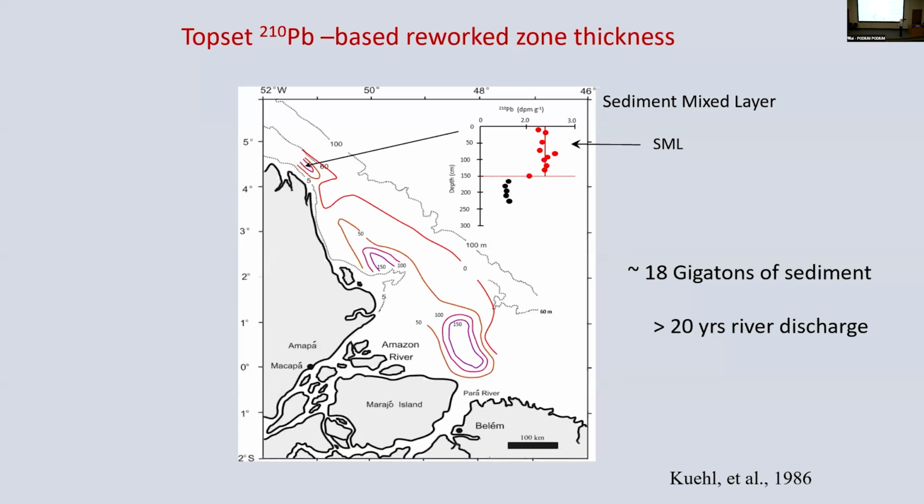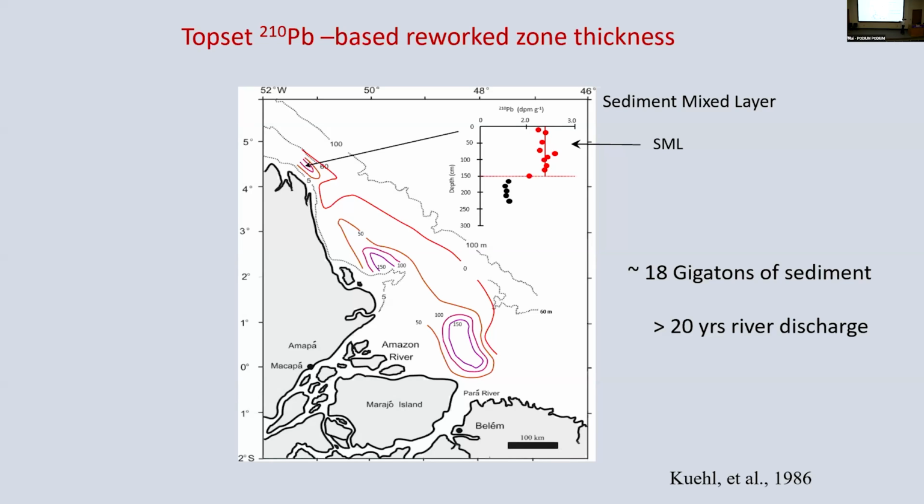And so these contours here in centimeters, 50, 100, 150 centimeters, represent the thickness of a homogenized zone of lead-210 activity, which tells you that on the time scale of lead-210 decay, which is 22 years, this sediment pile is completely reworked and mixed. Okay, so it's disturbed frequently enough that the lead-210 profiles are kept vertical.